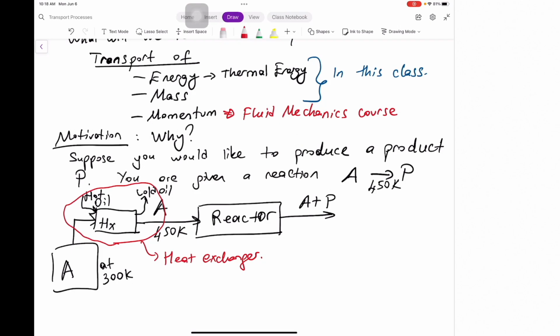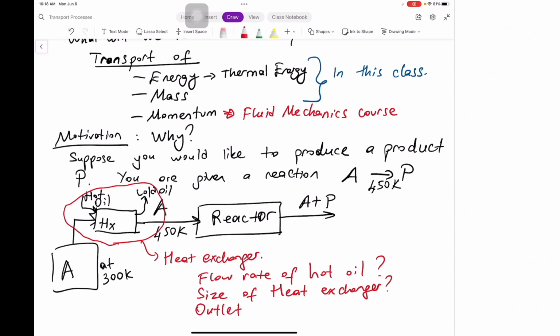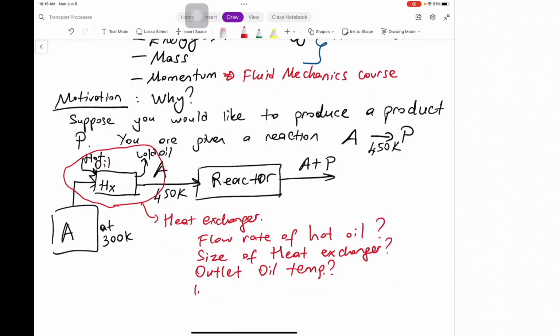You should tell what type of device you're going to use to make it possible, and what the flow rate of the hot oil is going to be, what the size of the heat exchanger is going to be, what the outlet oil temperature is going to be, and what inlet hot oil temperature would be useful, necessary, or required.